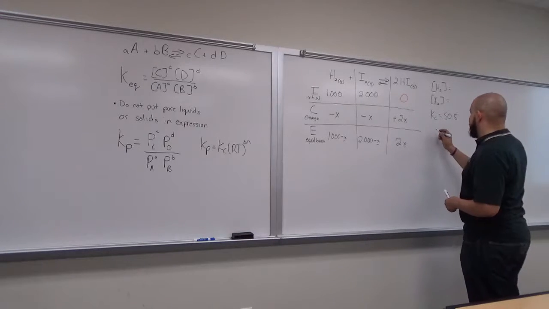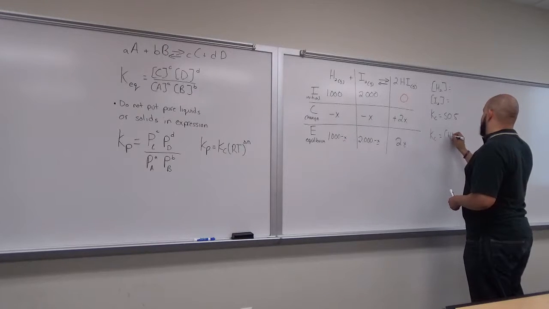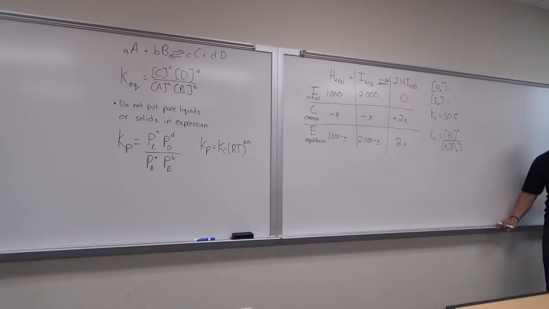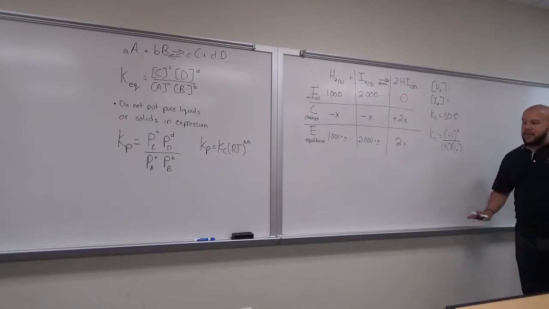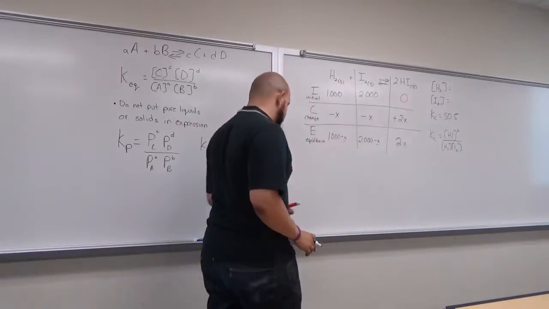And again, remember the Kc expression for this reaction is [HI] squared all over [H2][I2] concentration. So now we have the setup. We have what we need to plug in.